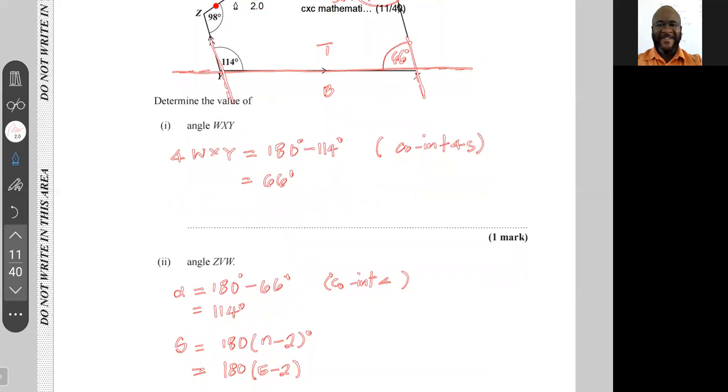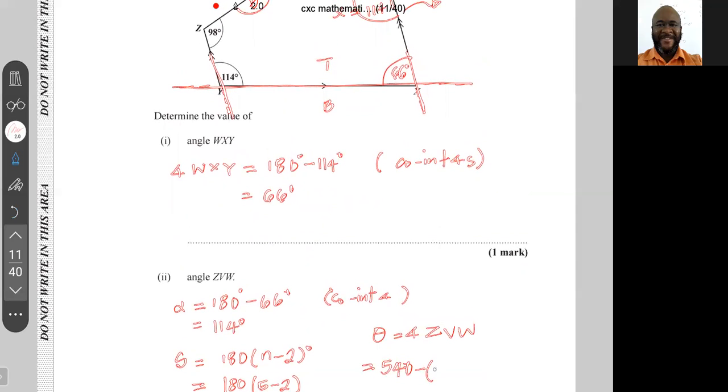So if that be the case, it means that theta, which is angle ZVW, would be equal to 540 minus the sum of all of these angles: 114 plus 66 plus 114 plus 98. So there are a total of 5 angles.